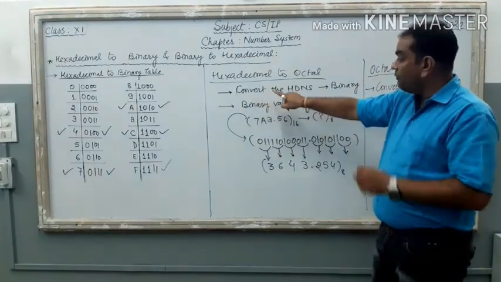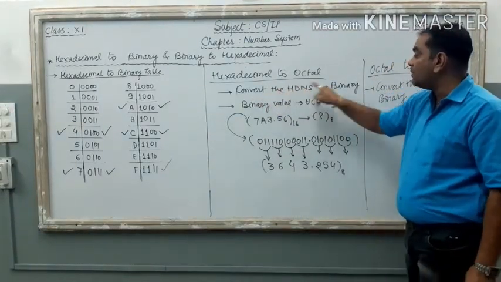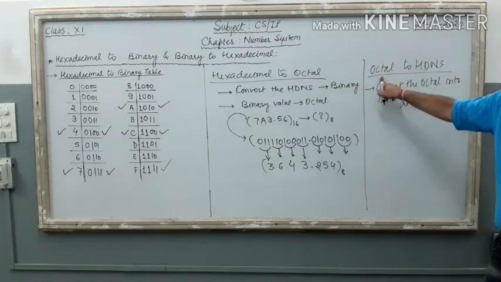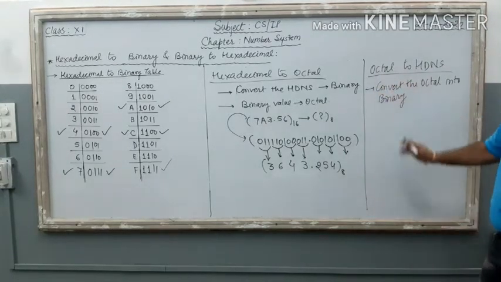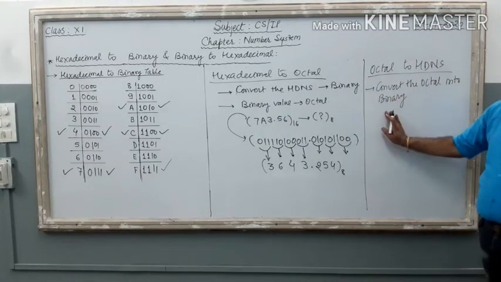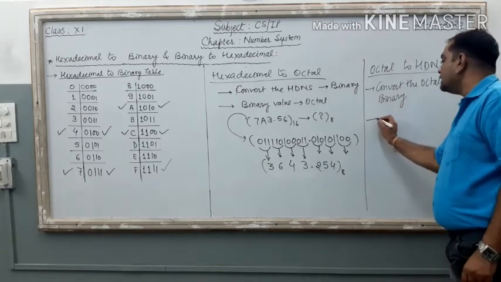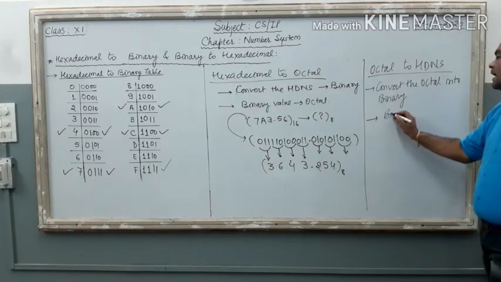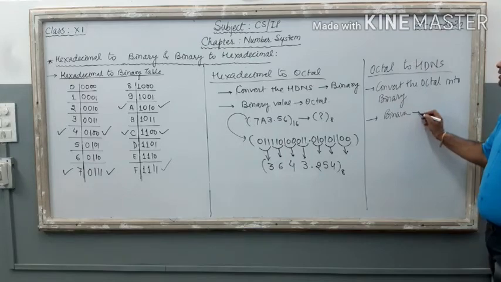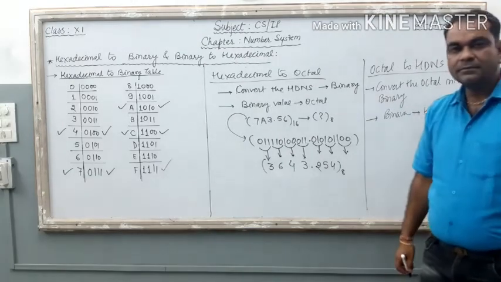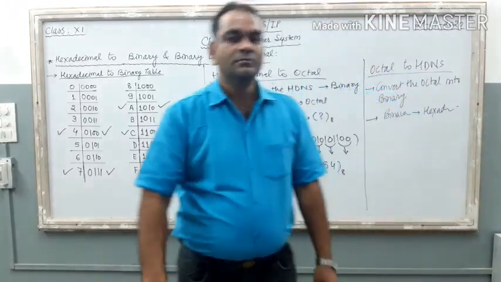Now the question is related with octal to hexadecimal. So convert the octal number into binary. It is the very first process. Then the second process. Now the binary value is further converted into hexadecimal. Clear? Thank you very much.